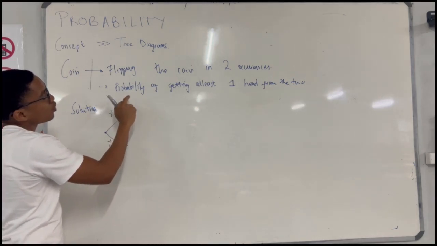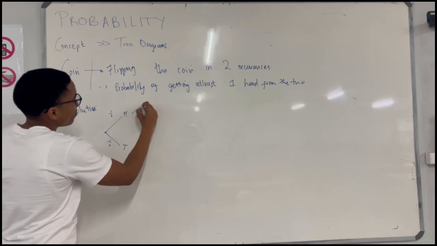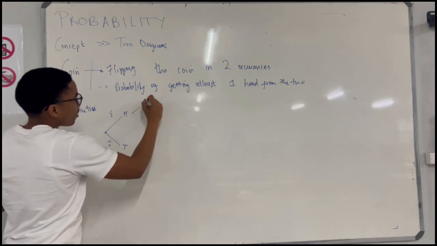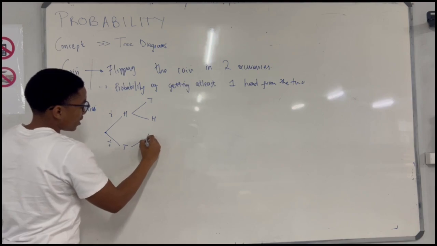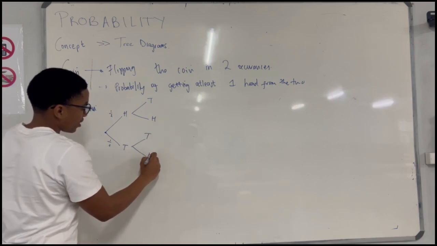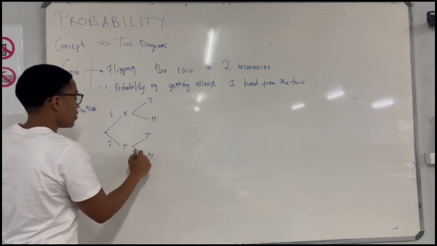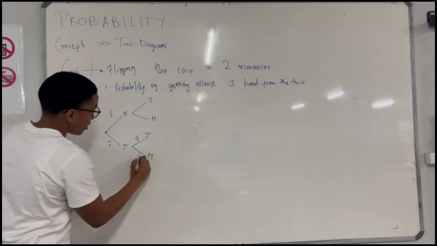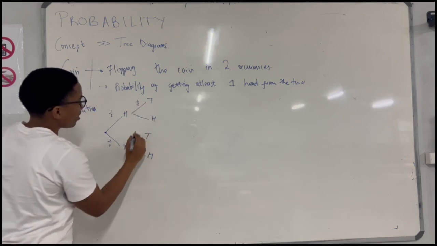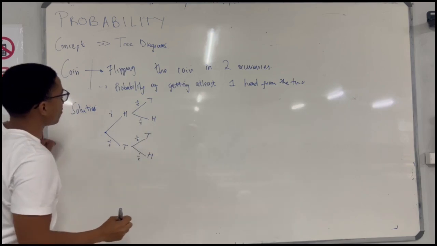Then you flip the coin a second time. Again it's either a tail or a head, and we also get a probability of half and half here.